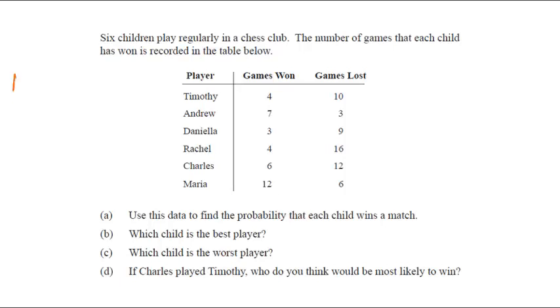We are saying that the probability of a win is equal to the number of options or chances for the win to happen over the number of chances for the total sample size. That is the equation we're going to use, which means if I look at the table, this is going to be my number of options for the win, because it says that's how many times they have won.